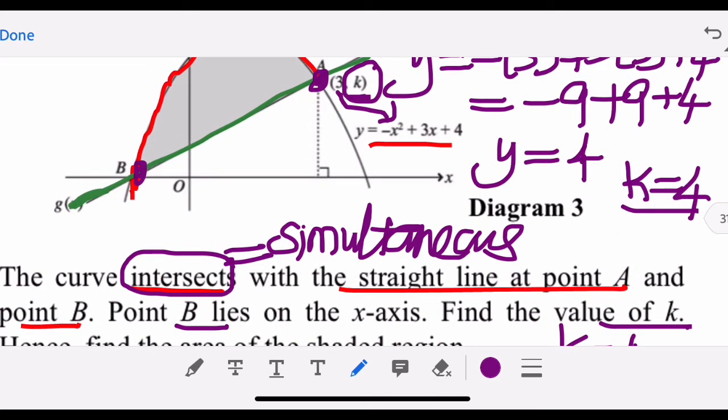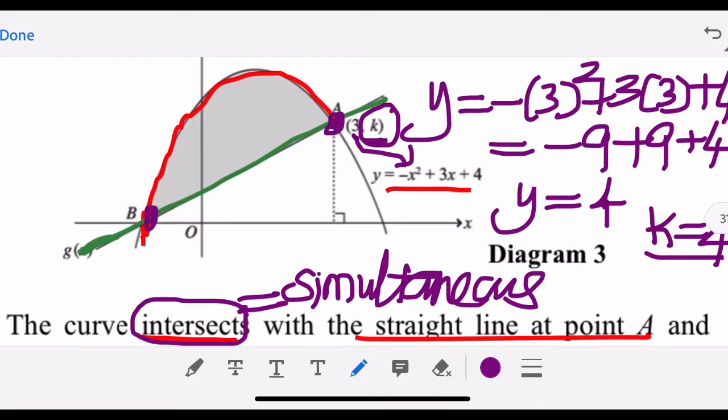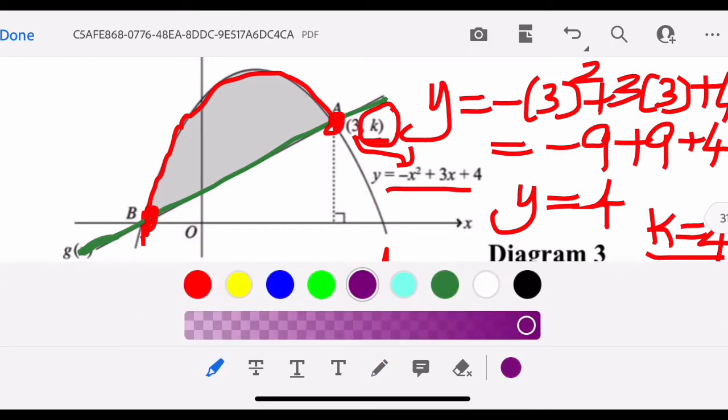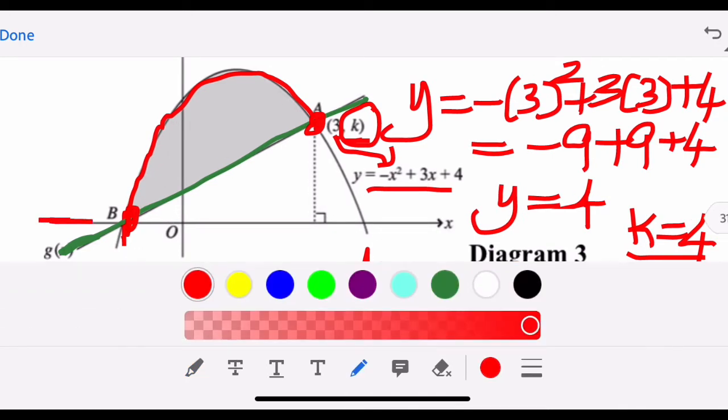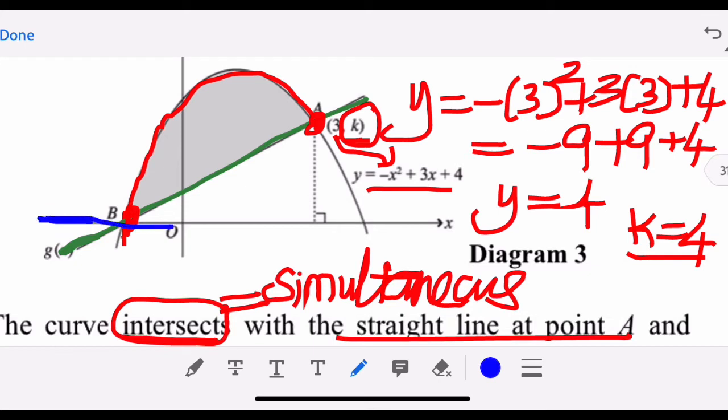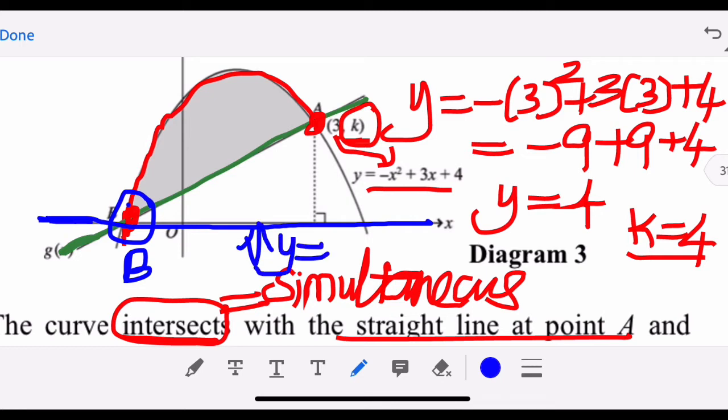Then point B. How to find point B: this is the line that is going to intersect with the curve, so the red and the blue intersect at point B. The blue line is y equal to 0, so you can substitute y equal to 0 into the quadratic.